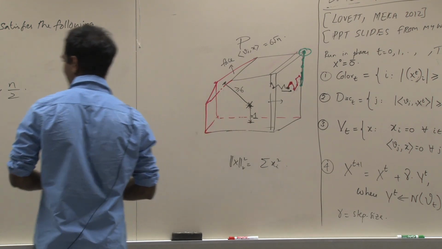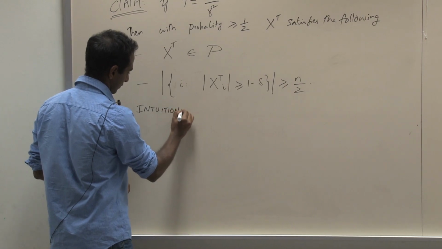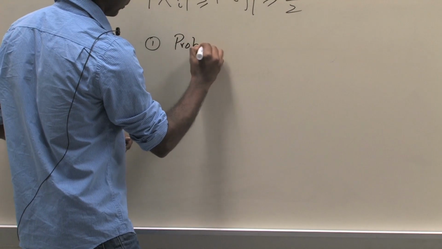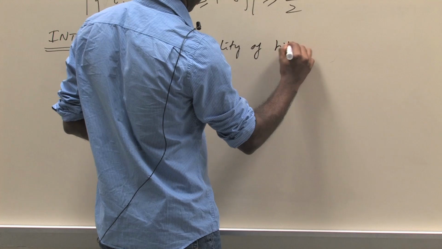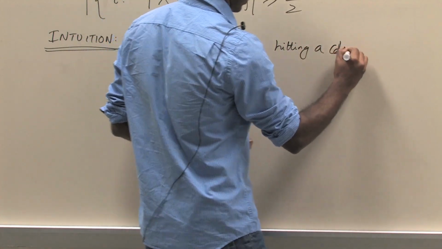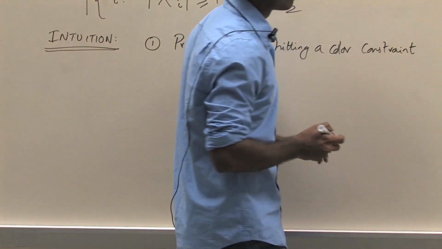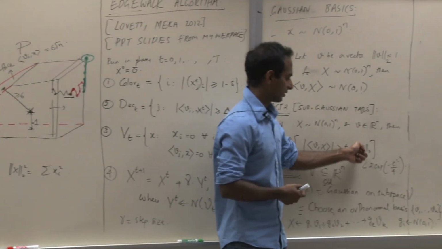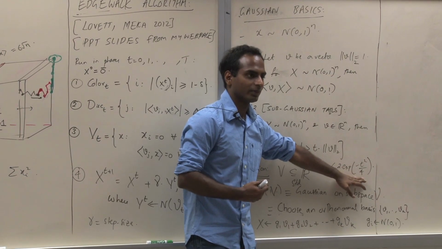Okay. So here's the intuition. Probability of hitting a color constraint. Right, remember the claim that the probability that you're t standard deviations away is roughly exponential in minus t squared, right?